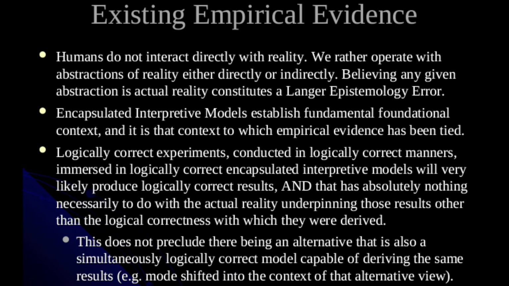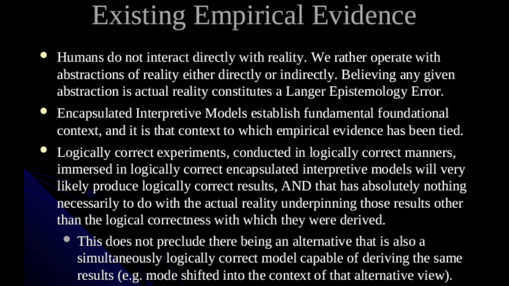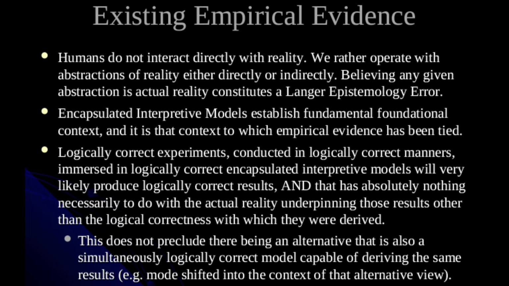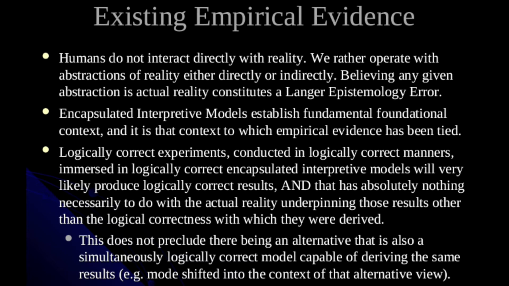And what we uncovered was the body of work of Suzanne K. Langer, who was an American philosopher. Her book, Philosophy in a New Key, from 1948, I believe, just makes the point that believing any given abstraction is actual reality constitutes a fatal flaw in epistemology.